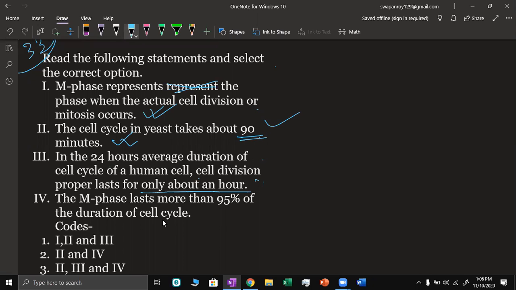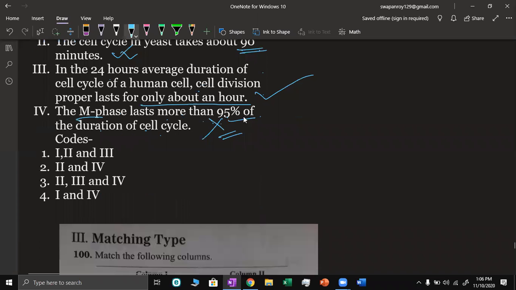This is also true. M phase lasts more than 95% of the duration of cell cycle. No, this one is wrong. M phase takes very little time. Interphase takes 95% of the time. So 1, 2, 3 are correct, but number 4 is not correct.